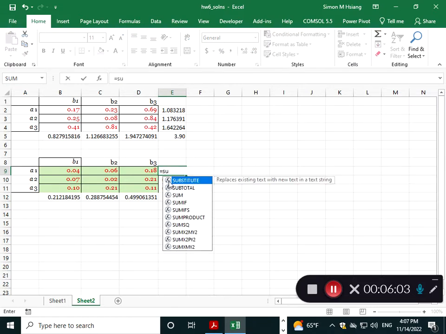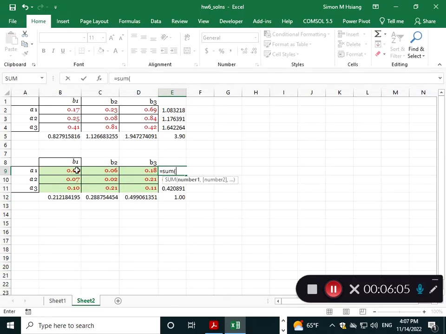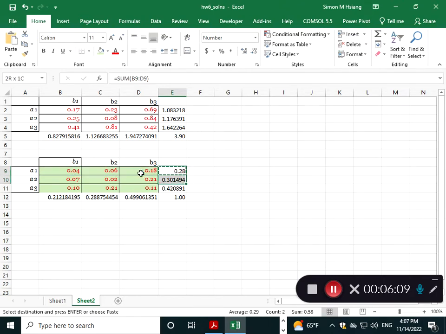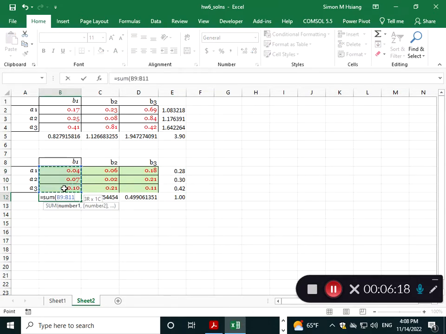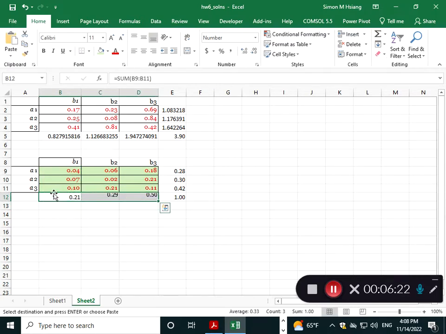I can sum the row first or sum the column first. That's the table, agree?